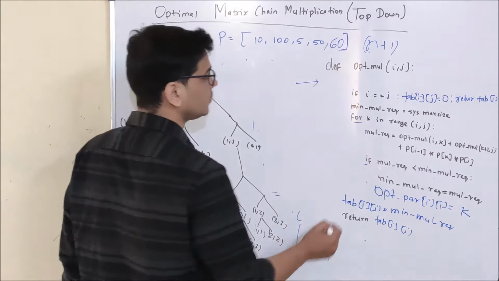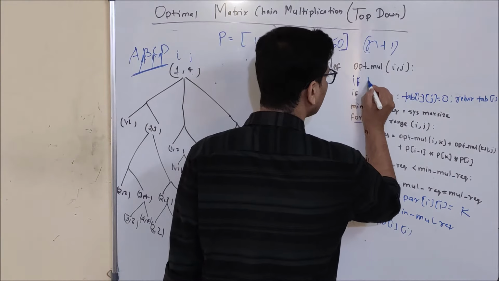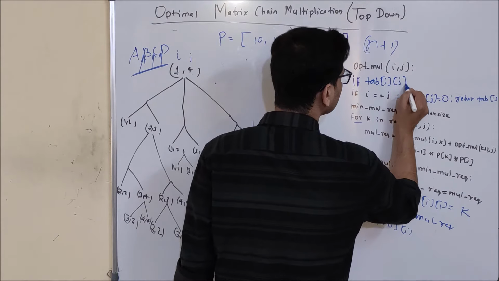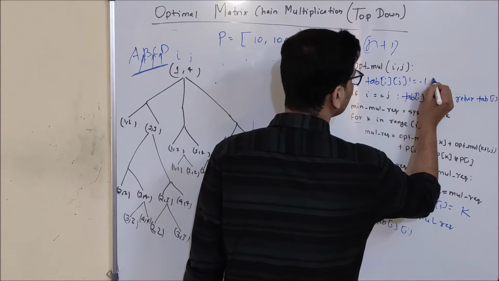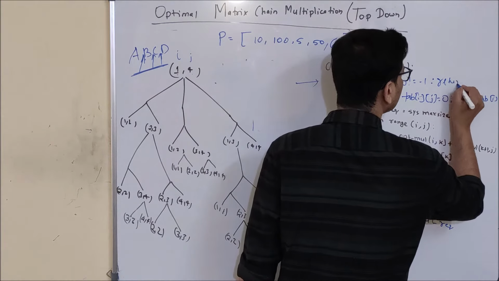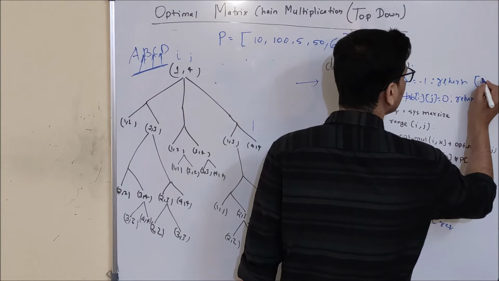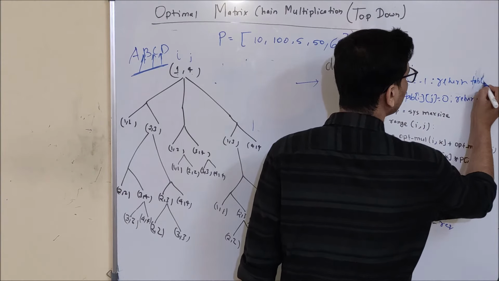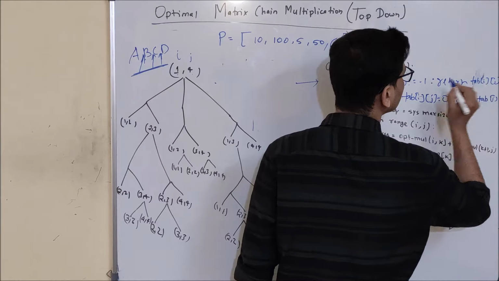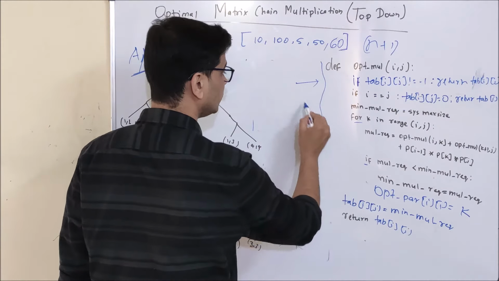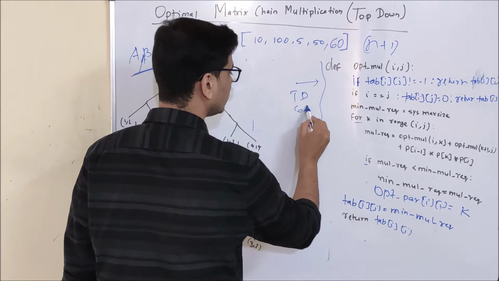And for that, if tab of i j is not equal to -1, that means I have updated in table, and I am going to return tab of i j. So now this code is the top-down code, TD code.